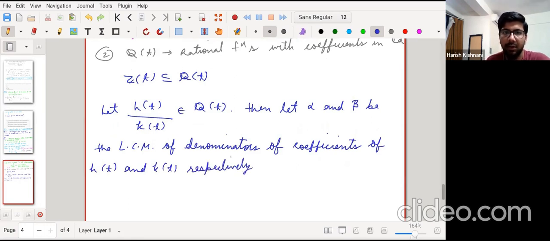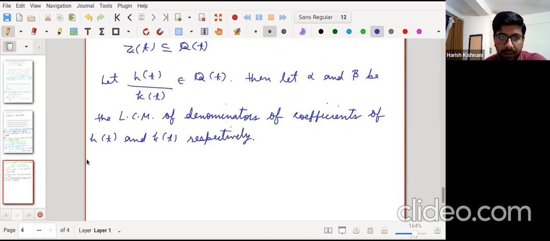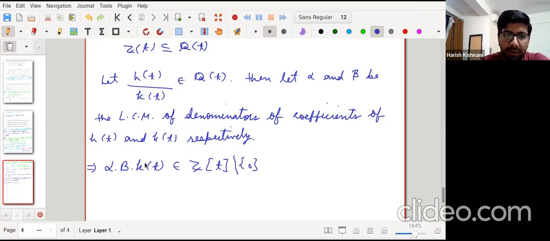Okay. So see, this function alpha times beta times k(t) is inside Z[t] minus 0, of course, because k(t) is non-zero.